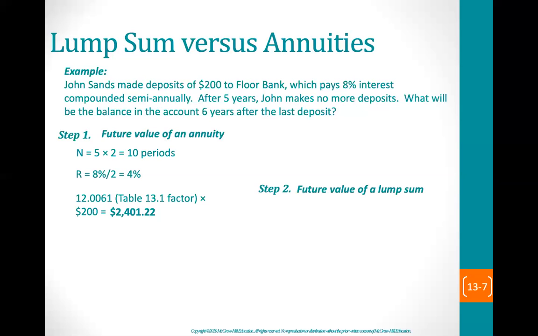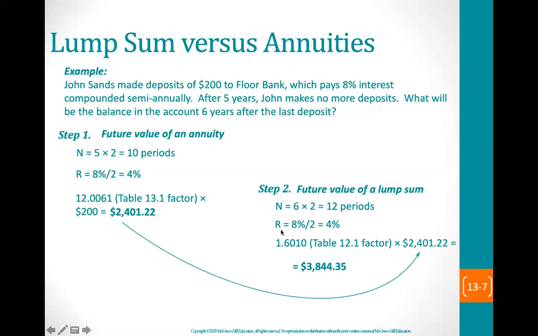Then we need to calculate the final value as it grows. So what is the future value of this lump sum hanging out in his bank account? Well, it's hanging out there for 6 years, compounded semi-annually, so there's 12 periods. His interest rate is 8% divided by 2, which is 4%.